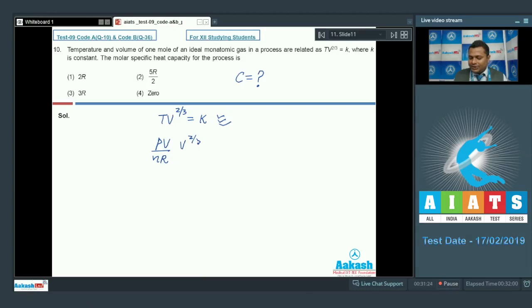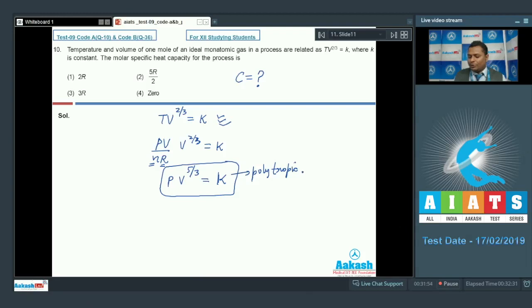V to the power 2 by 3 equals constant K. After solving, we will get P times V to the power 5 by 3. The rest of the things, that is the number of moles and R, which are constant, will be hidden in another constant, capital K. This is the equation of a polytropic process. This equation shows that the process is polytropic.